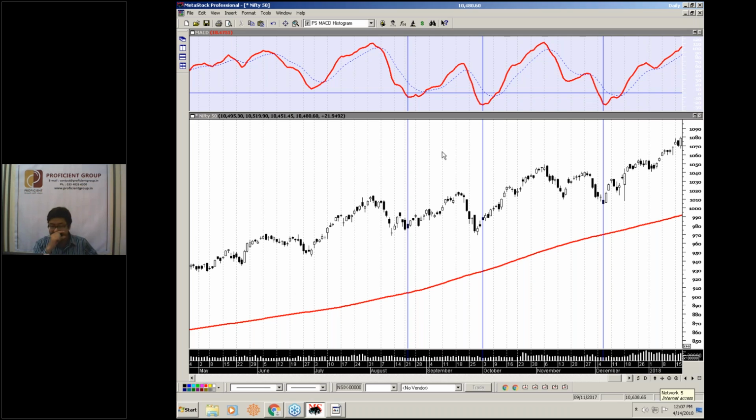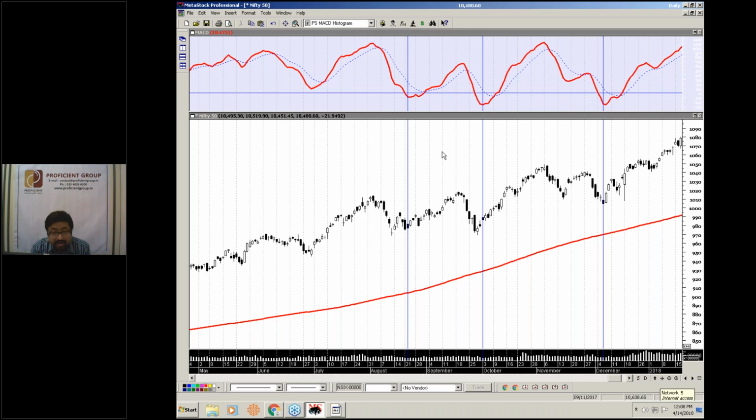So now look at this period. Although MACD actually made a crossover below the zero line, so MACD gave us a wrong signal, prices never came below the 200-day moving average. So that previous buy signal, or the previous signal of the uptrend, actually never changed its position, right?